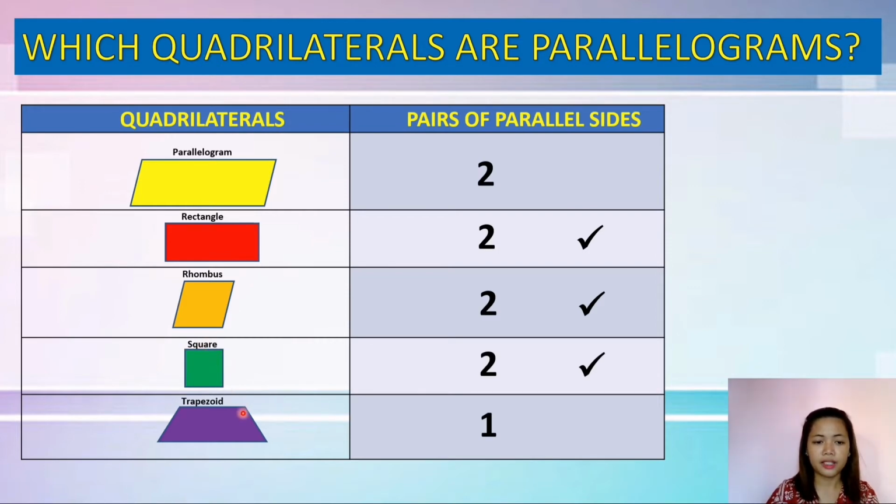The top, when they meet, is the point at which the two lines meet. So, the legs of this trapezoid are not parallel. If the two lines meet at a certain point, they are not parallel. Since there is only one pair, a trapezoid is not a parallelogram.